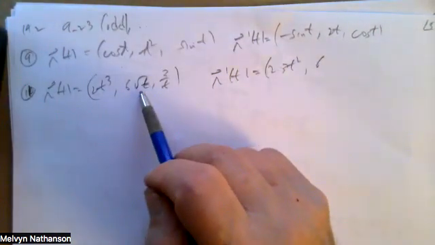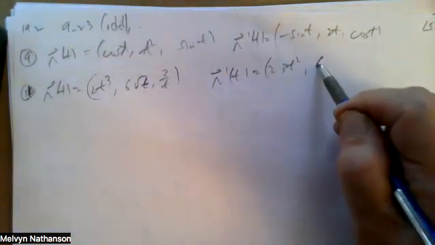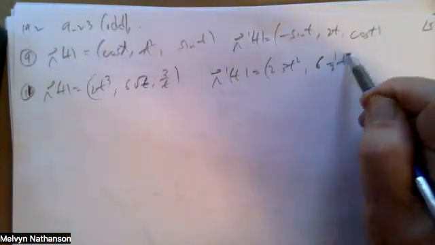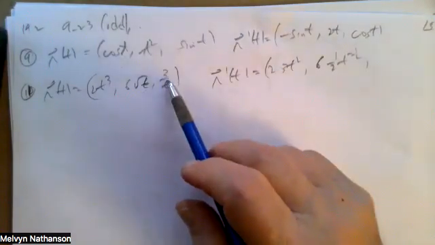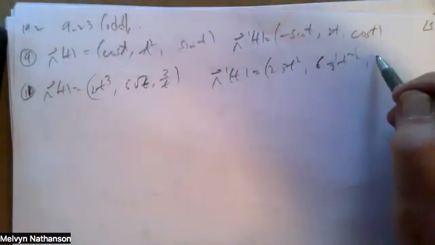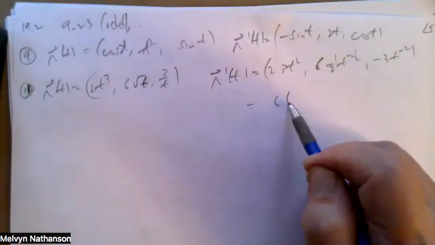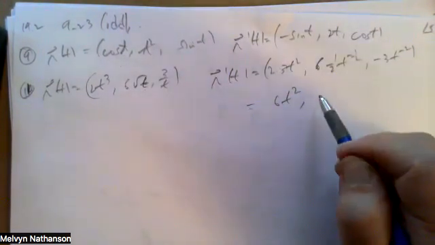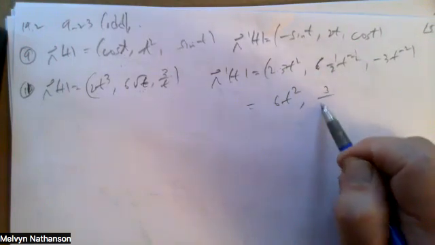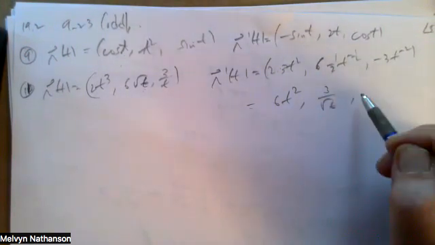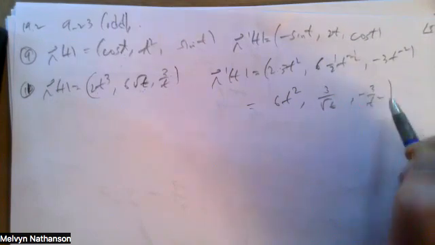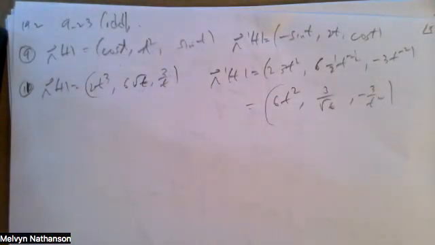This is 6 root t, and this is t to the 1/2, so this is 6 times t to the minus a half. And this is 3t to the minus 1, that's minus 3t to the minus 2. So this is 6t squared, 3 over the square root of t, minus 3 over t squared.